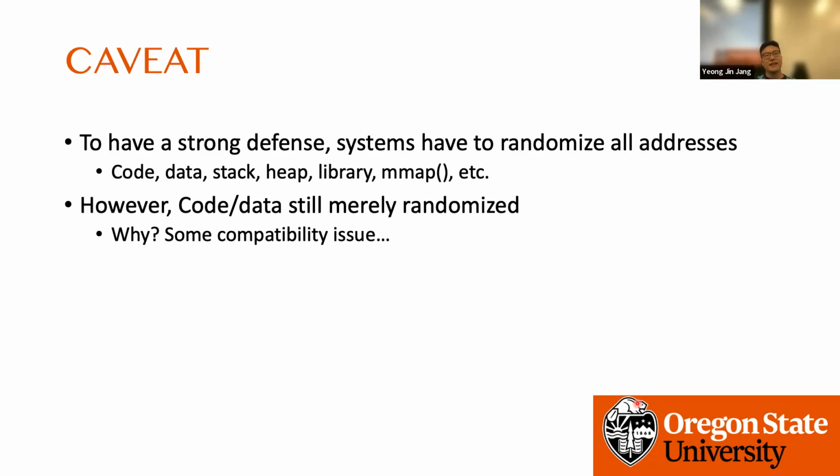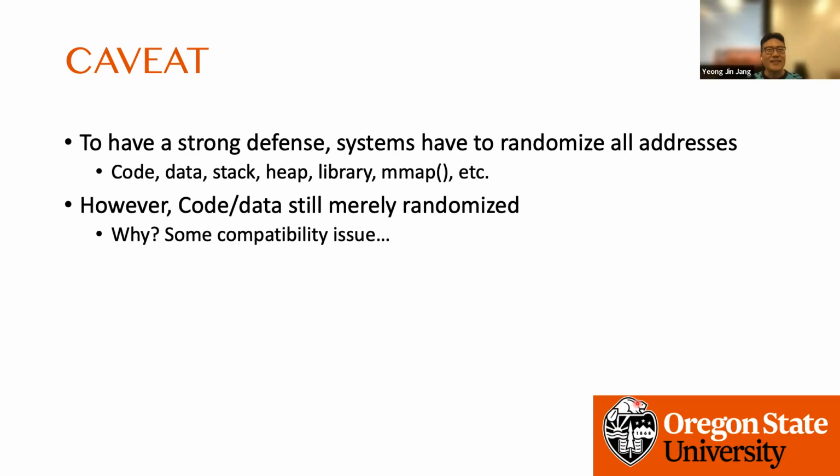But sometimes it still happens that the code and data addresses are not randomized. This is because there are still a lot of compatibility issues. But I believe that any program written after 2014 would not do so. If somebody does so, then you can report that as a potential vulnerability, and blame the developer about that.